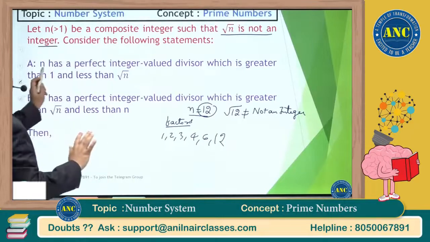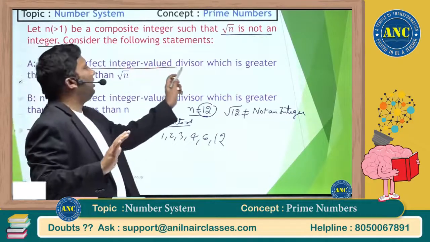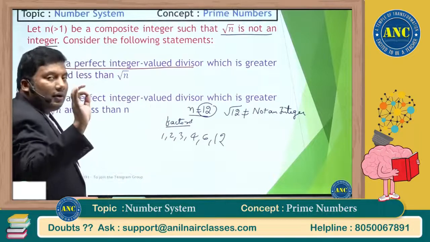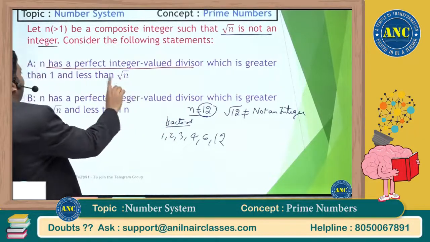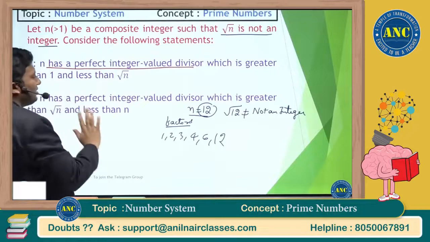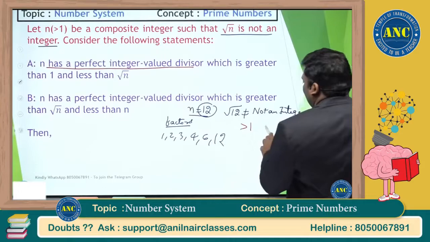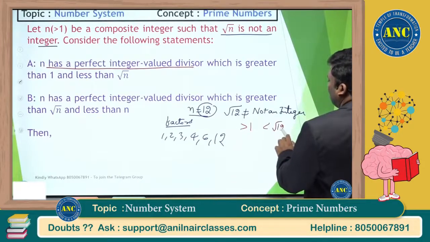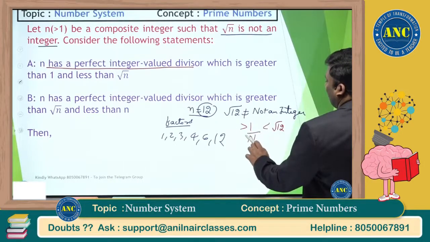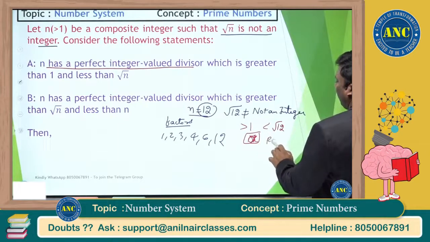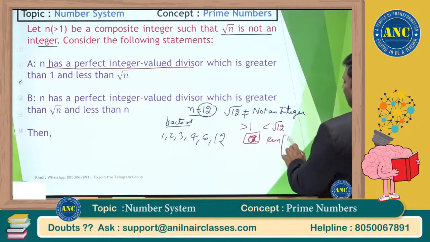This 12 has a factor that is greater than 1 and less than root 12. So there is a number x that will perfectly divide the number.